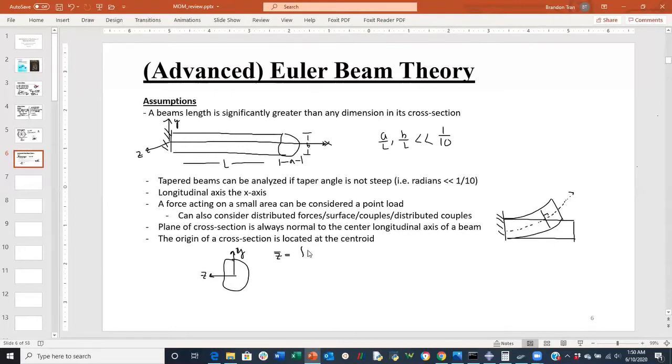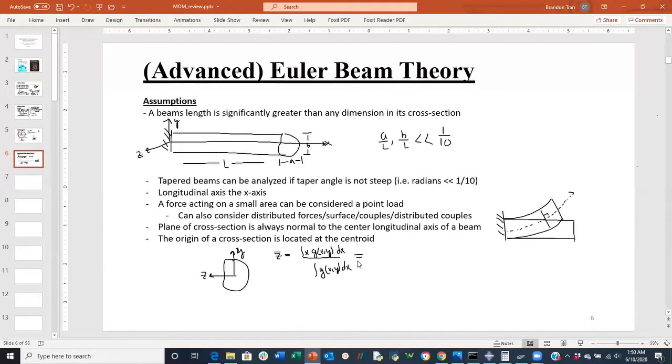Z is the integral of the general shape, whatever function you establish the shape of that beam to be, dx over, again, that general shape, the integral of that general shape with respect to x.